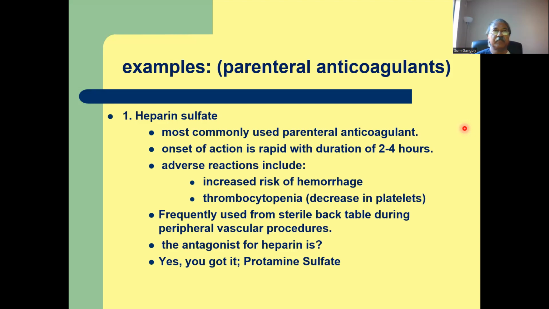So the circulator will open up the bottle and give you a few cc's of heparin sulfate in a pitcher full of saline, and you will use a 35 cc syringe to draw up, or a 60 cc syringe, depending on surgeon's preference. This heparin sulfate saline is for anticoagulation irrigation.